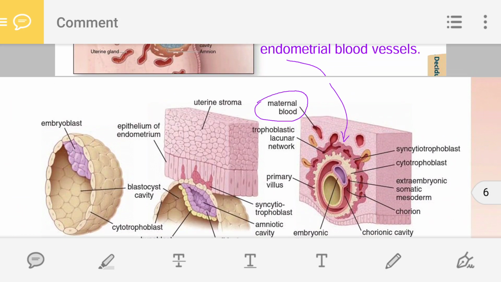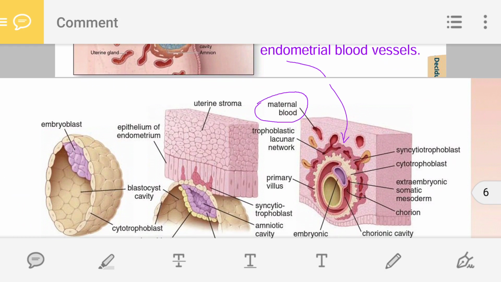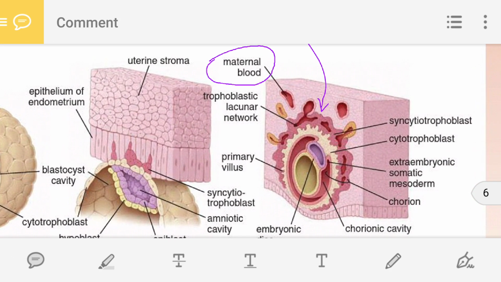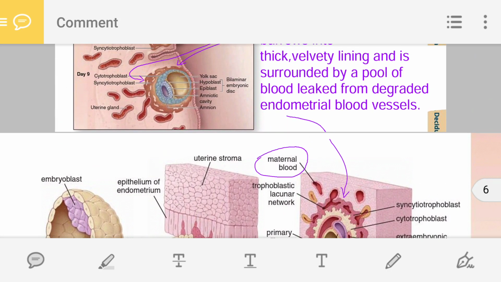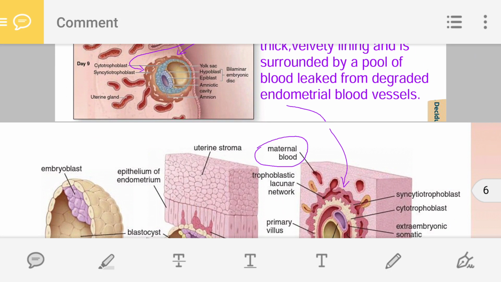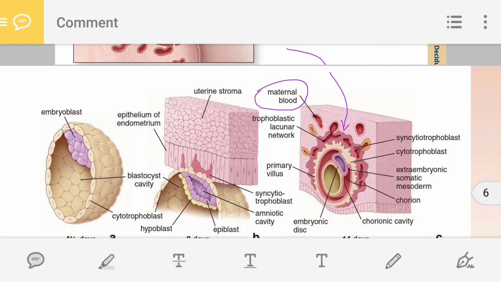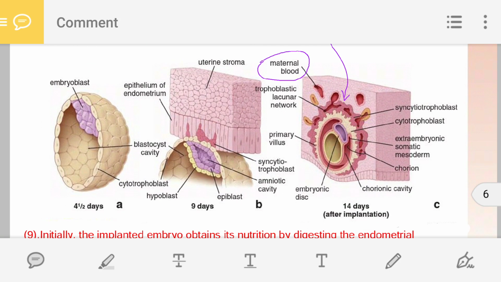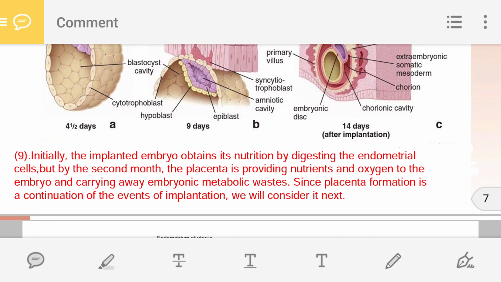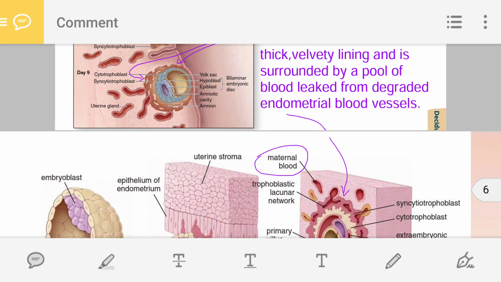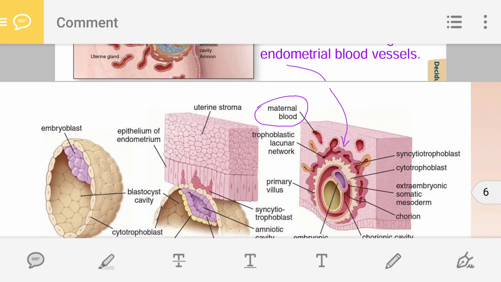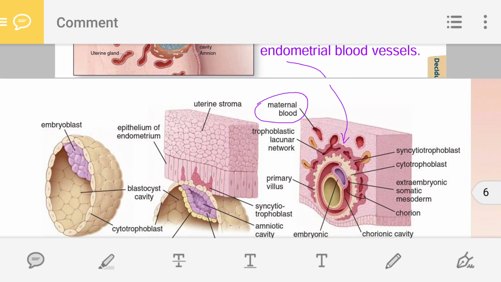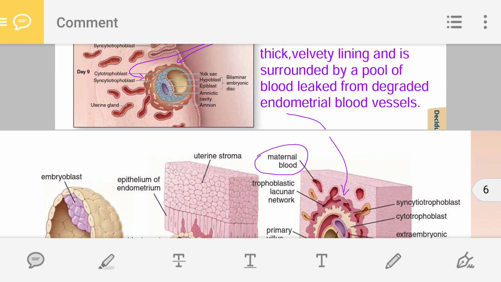Over here in this figure you can see the maternal blood, and the blastocyst is burrowed. In the burrow, the blastocyst is present. In the dig, this blastocyst has entered. So you can understand the endometrium has invaginated and inserted the blastocyst inside.